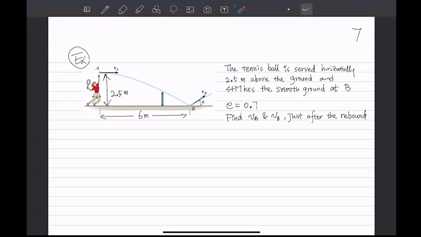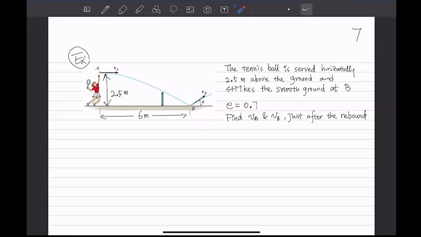So first, if you're not interested in this velocity VB, in our previous chapters, we talked about the velocity at this point, right? The velocity when this ball hits the ground. I think I asked you that in the midterm as well, right? The home run ball and what was the velocity when it hits the ground, right?